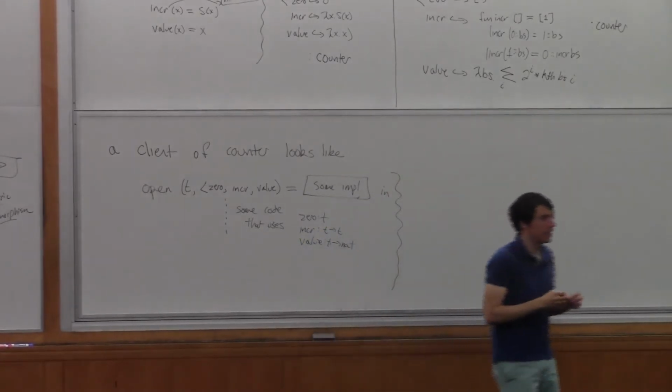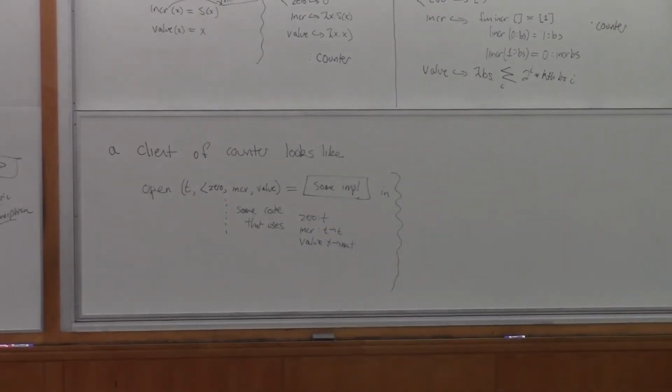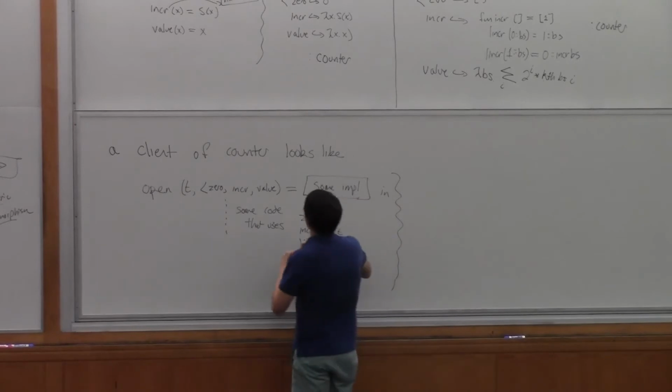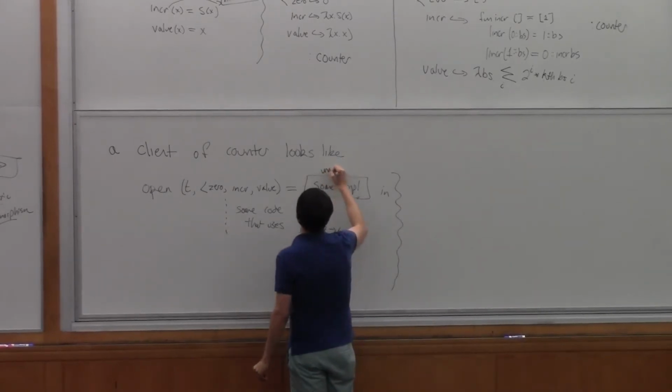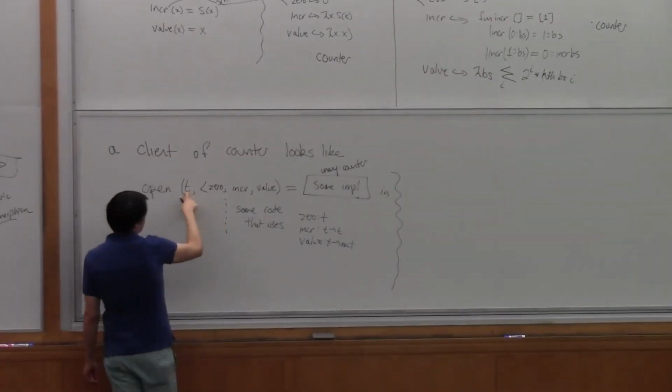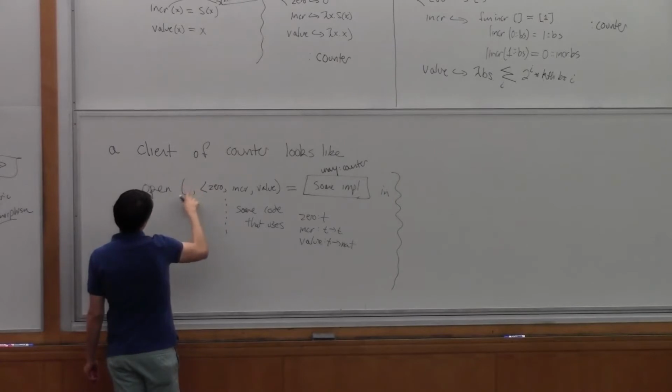Okay, so the idea is if you're going to be a client of the counter module, then what you do is you say, I would like to use, for example, the unary implementation of type counter, and I'm going to make a variable here, which I could have called something other than t.